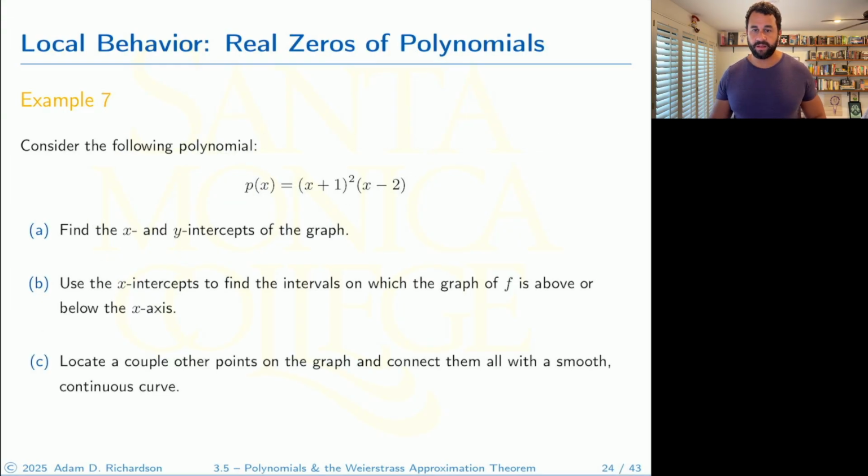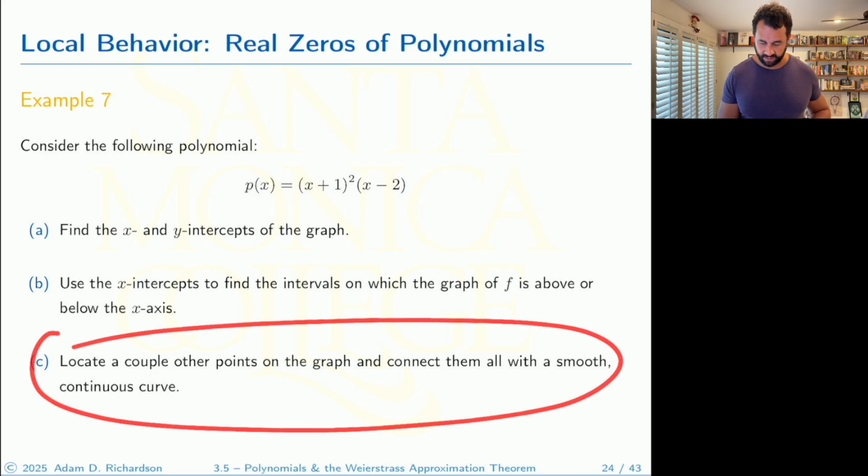All right, let's try this again, but let's elaborate a little bit more. I'm giving you this polynomial here. I want you to find the x and y intercepts of the graph. Then I want you to use the x-intercepts to find the intervals on which the graph of f is above or below the x-axis. Hopefully this rings a bell.